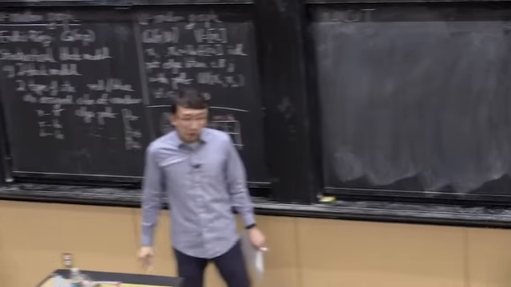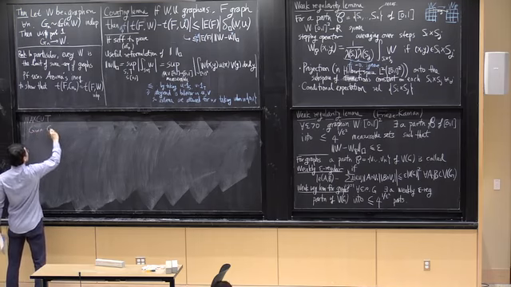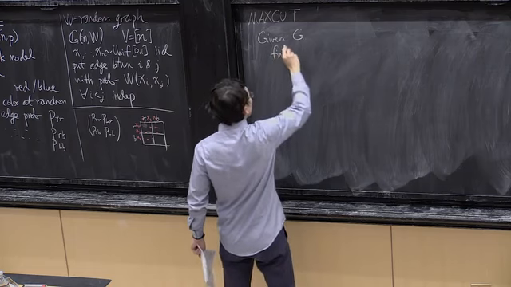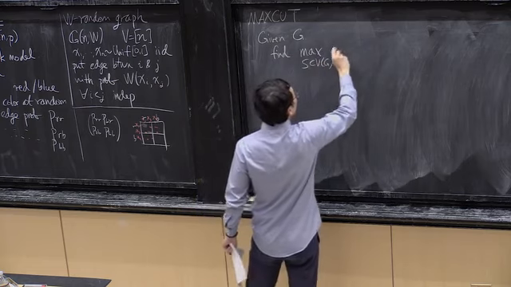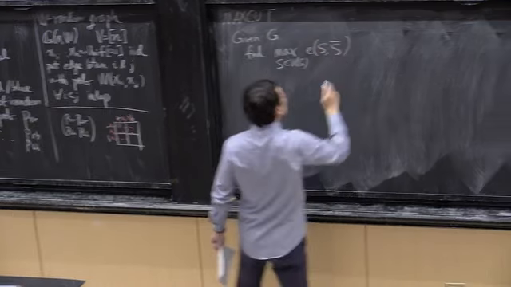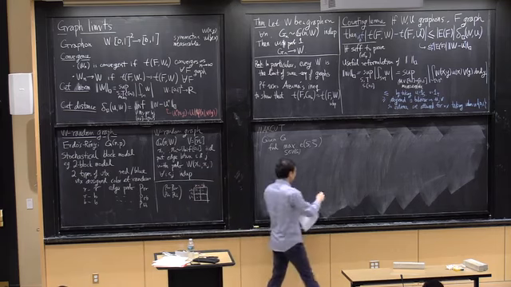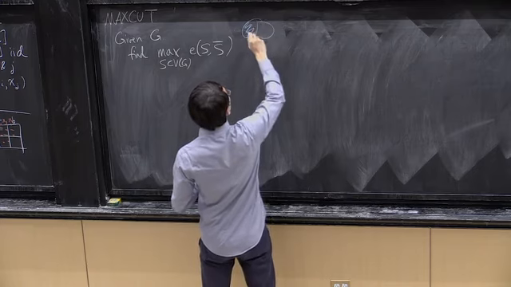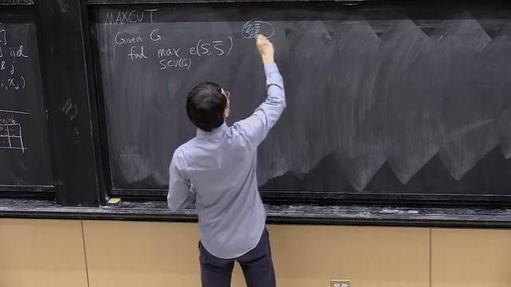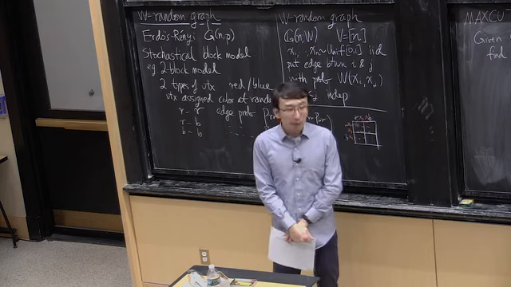The max cut problem asks you, given a graph G, to find the maximum over all subsets S of vertices of the number of edges between a set and its complement. So that's called a cut. I give you a graph, and I want to find this S so that you can have as many edges across this set as possible. This is an extremely important problem in computer science.